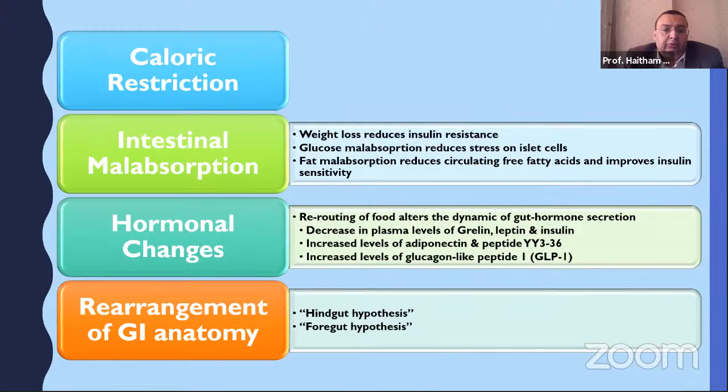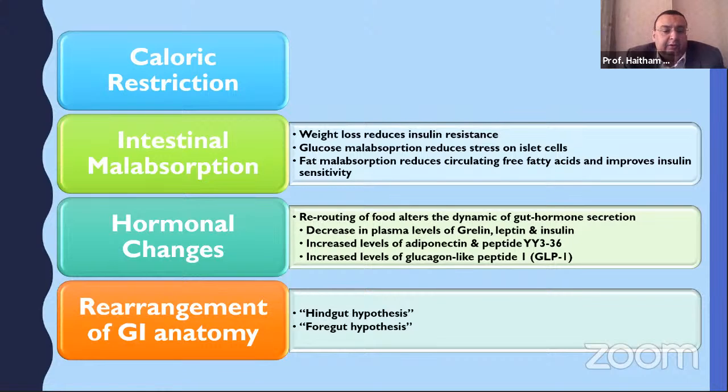The decrease in glucose malabsorption reduces the stress on islet cells, and fat malabsorption reduces the circulating fatty acids, which improves insulin sensitivity. Some hormonal changes occur, like a decrease in the plasma level of ghrelin and insulin, and an increase in the levels of adiponectin and polypeptide Y3 and Y36, and the increased levels of glucagon-like peptide.